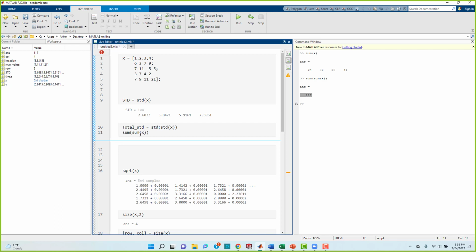The same for the max, the min, the average, most of your things.